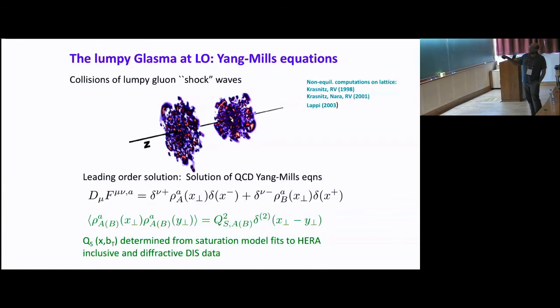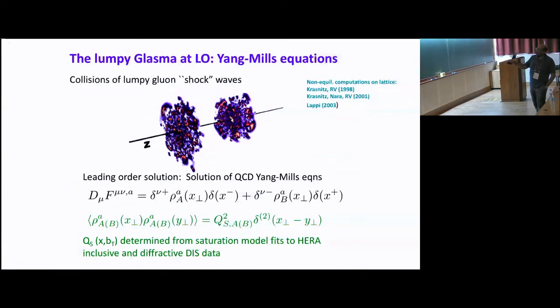So what you're doing is the solution of Yang-Mills equations, which correspond to solving, on the left-hand side, D_mu F^mu nu, in terms of now two light cone sources. One is rho going on one light cone in P+, and this other one is going on the other light cone in P+, and they have some source distribution of color charges at some given scale in X. So this is some rapidity-independent object because it's just any possible X that you can have.